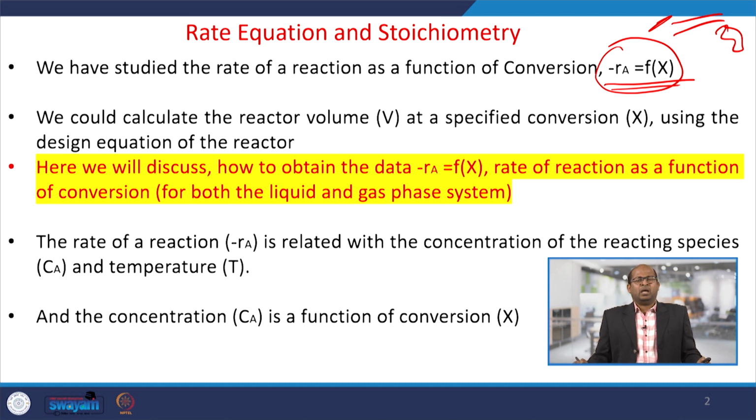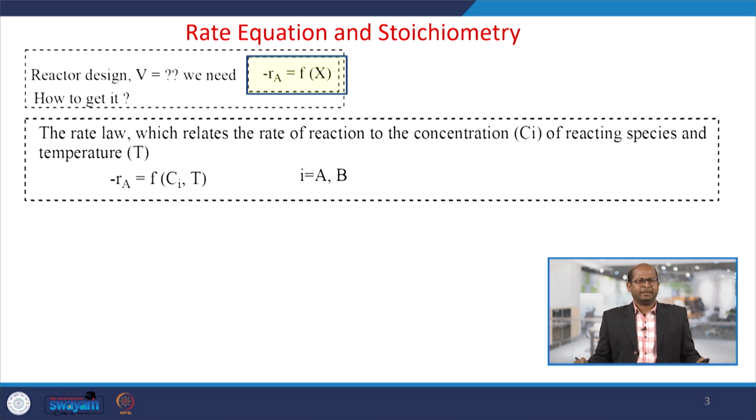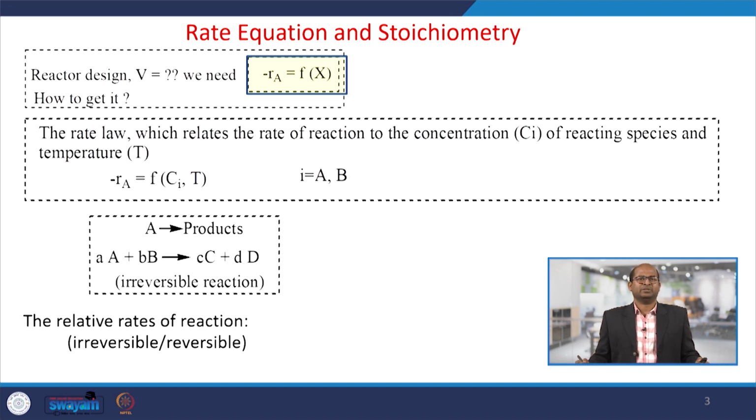When reactions are conducted, there may be a number of species, not only reactant A; some other species may also form, depending upon the stoichiometry, and accordingly the product will form. So we can express the rate as a function of concentration as well as temperature.